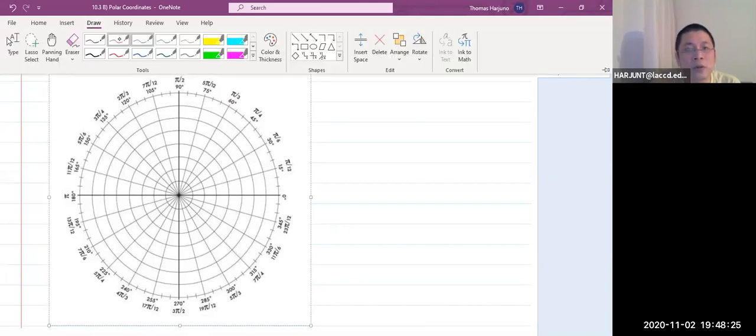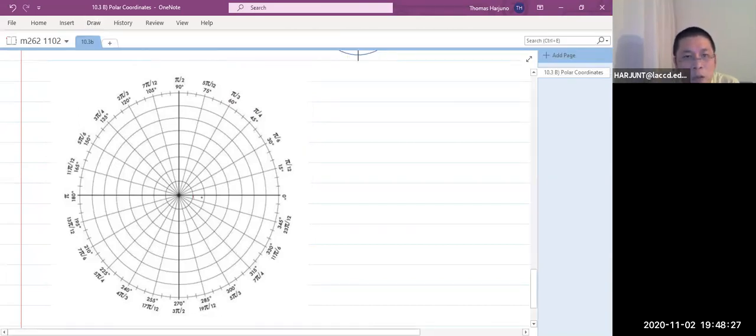So this is radius 1, 2, 3, 4, 5, 6, 7, 8. Later on, our circle is supposed to look approximately like this. That's what it's supposed to look like.